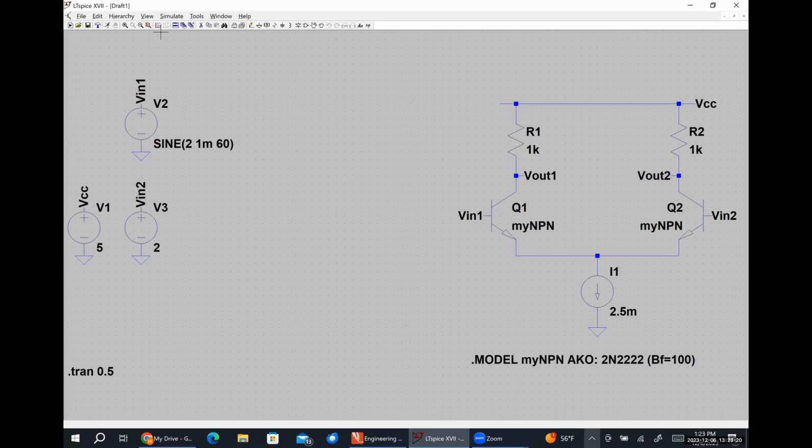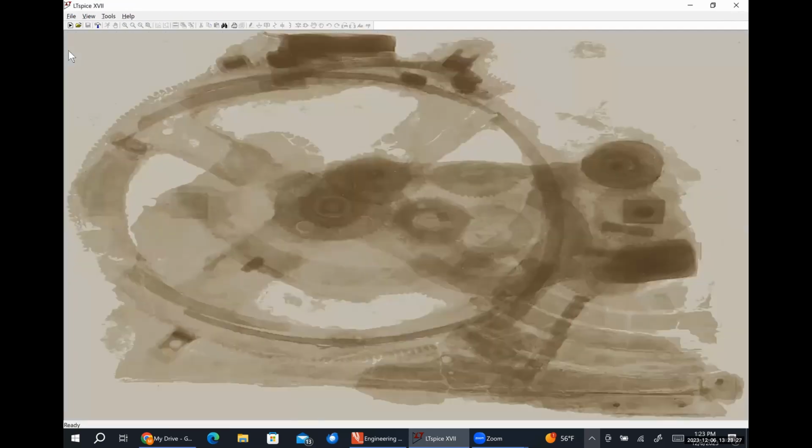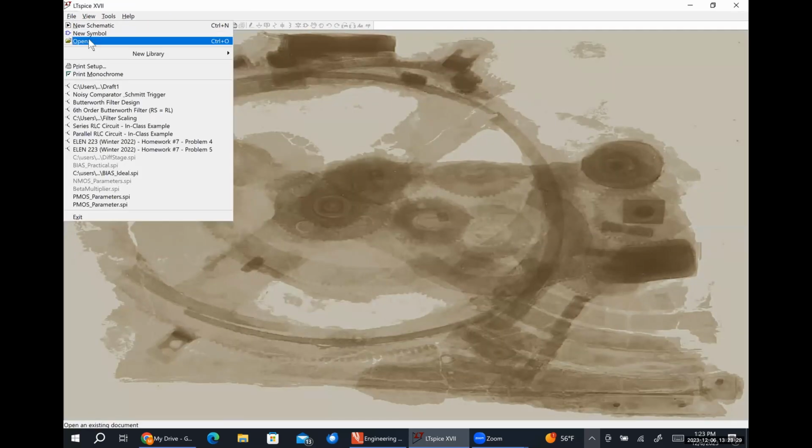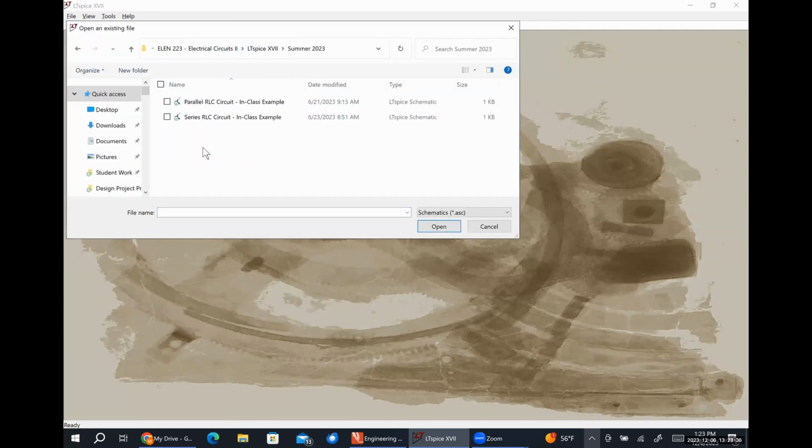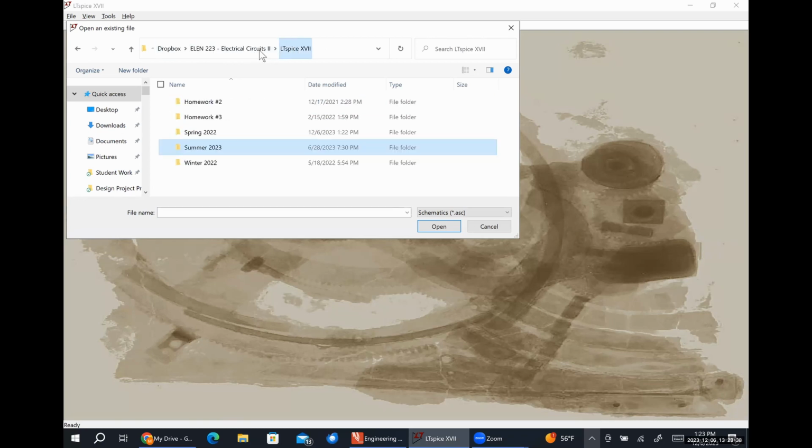That has nothing to do with this class, so I don't know why I saved it in that folder. Let me look in a different folder. Nope. Nope. All right, looks like I need to draw one really quickly.